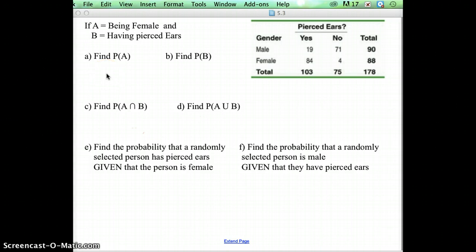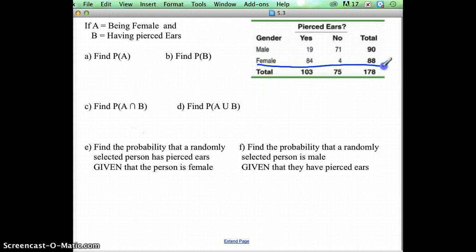Okay, we've seen this table before, and now we're going to add on to it with different probabilities that we can find with it. So up here I have defined that event A is being female and event B is having pierced ears. Let's say I wanted to find the probability of A, the probability of being female. Well, look at the females.